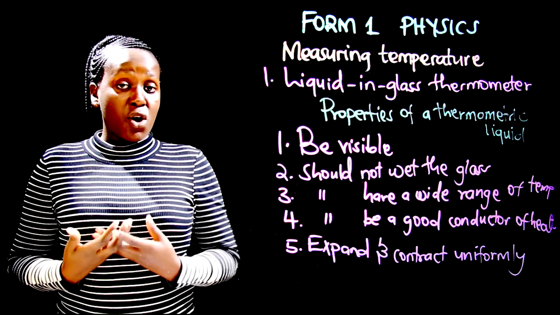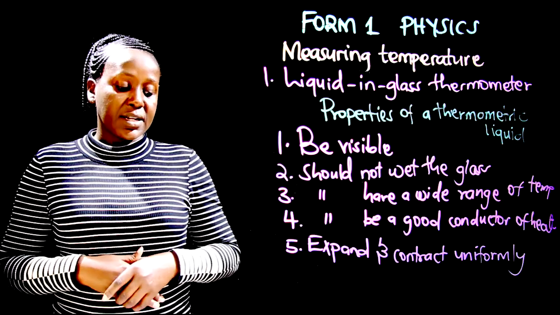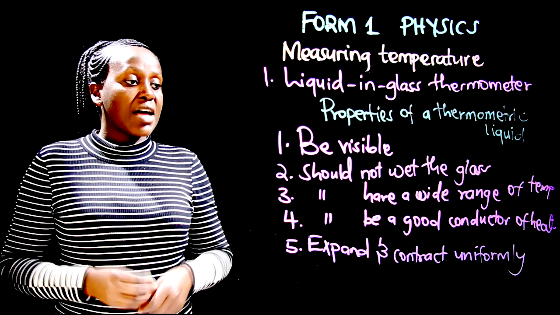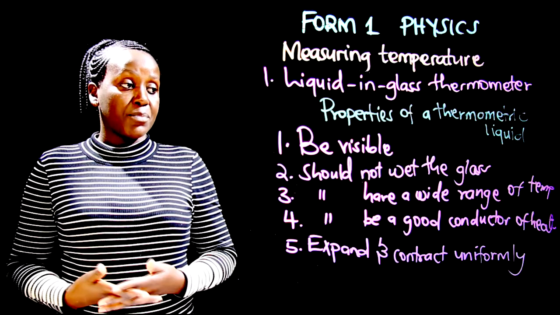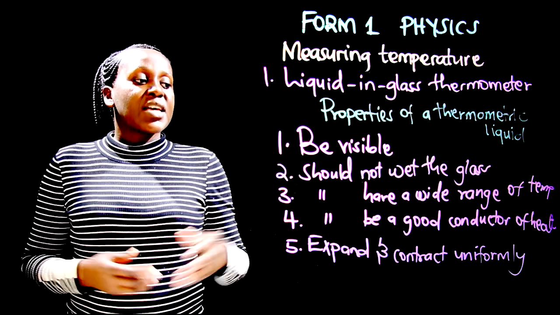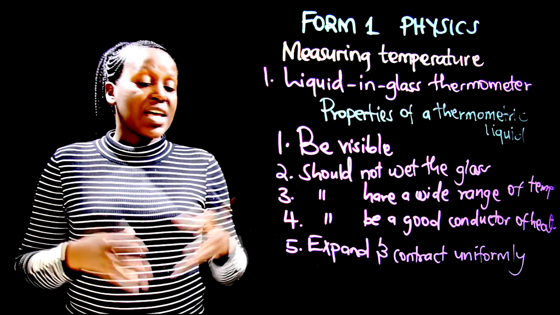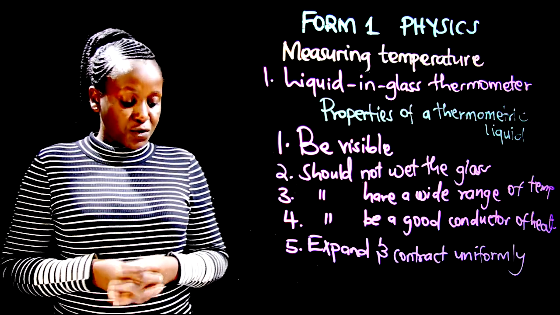Because unlike alcohol, mercury satisfies all these characteristics. The advantages of mercury are more. Mercury is more visible, it does not wet the glass, it has a wide range of temperature, it's a good conductor of heat, and it expands and contracts uniformly.